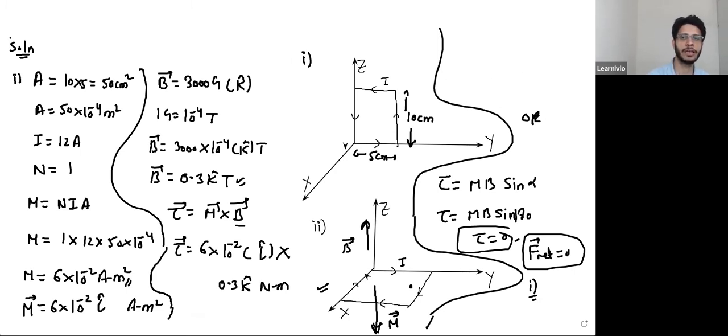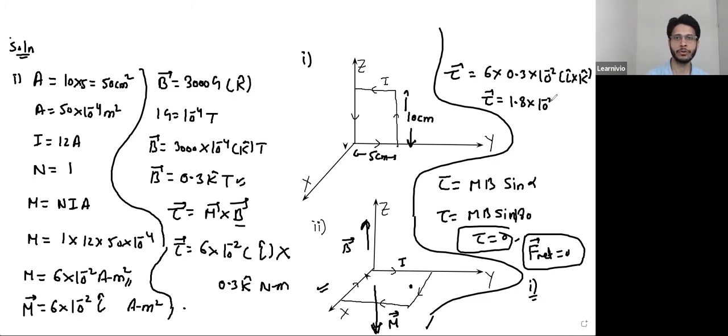I cross K is minus J. So your torque comes out to be 6 into 0.3 into 10 raised to the power minus 2, I cross K, which is minus J. So it's 1.8 into 10 raised to the power minus 2, minus J cap Newton meter. And as before, the net force is 0.